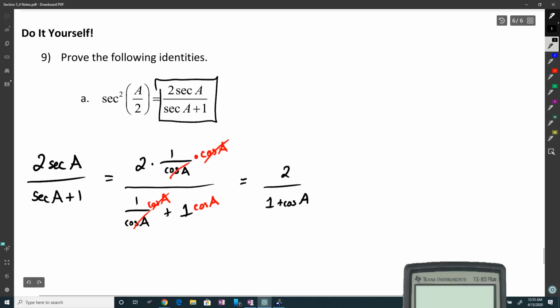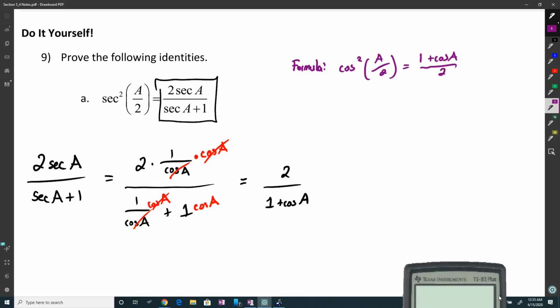And notice that this is the formula but flipped. So the formula for cosine squared of a over 2 is 1 plus cosine of a over 2. So you square both sides so the square root's gone from the formula.